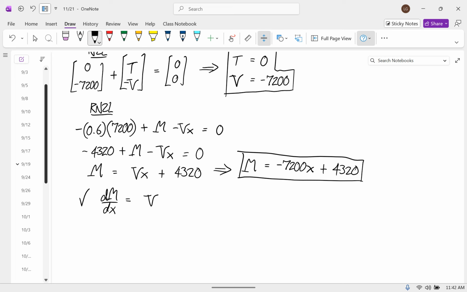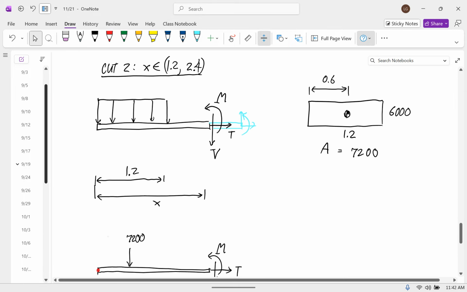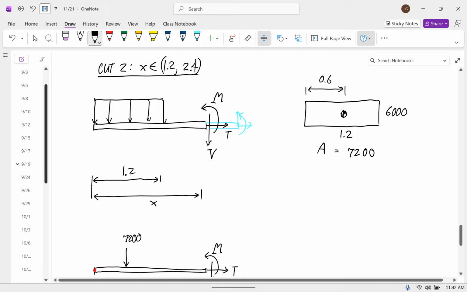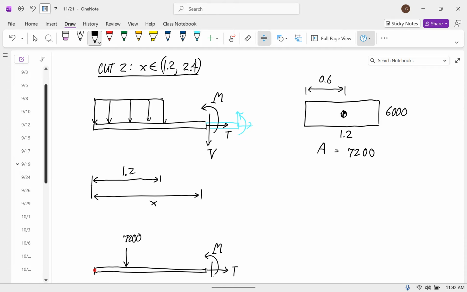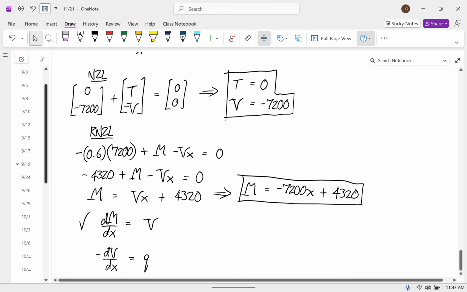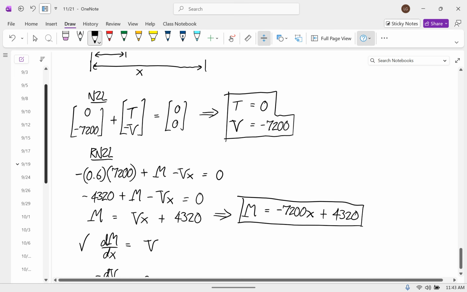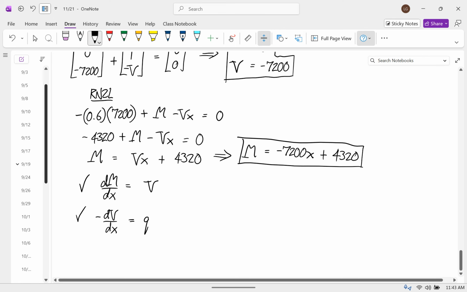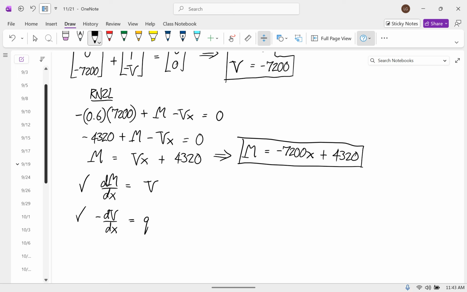Negative dV/dx has to be equal to Q. What's Q for this cut? What we're talking about is the value of Q at whatever x value. It's 0 because we're past the distributed load. And so dV/dx is 0. So this one holds too. Okay. Any questions about that?